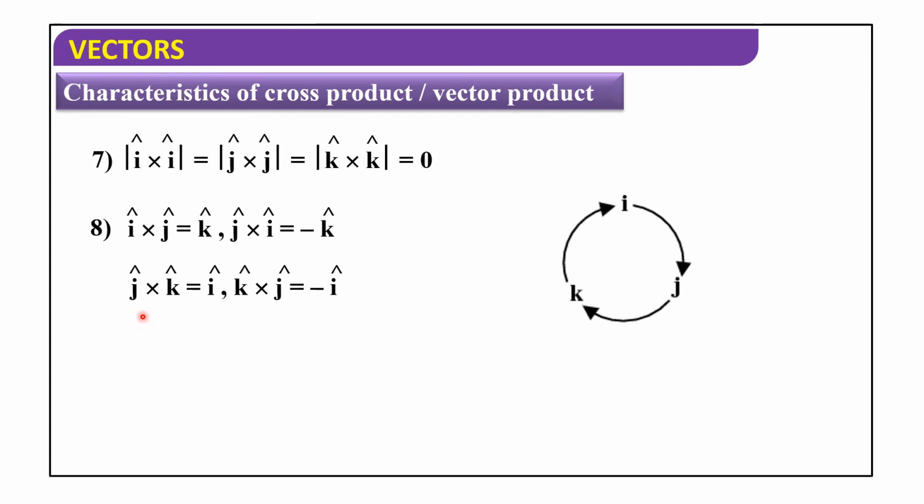Similarly, J cap cross K cap is equal to I cap. K cap cross J cap is equal to minus I cap. K cap cross I cap is equal to J cap. I cap cross K cap is equal to minus J cap.